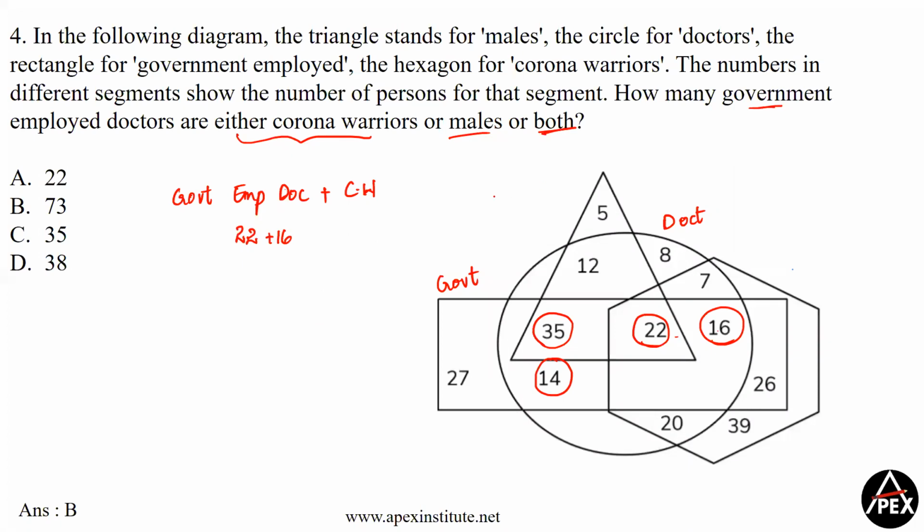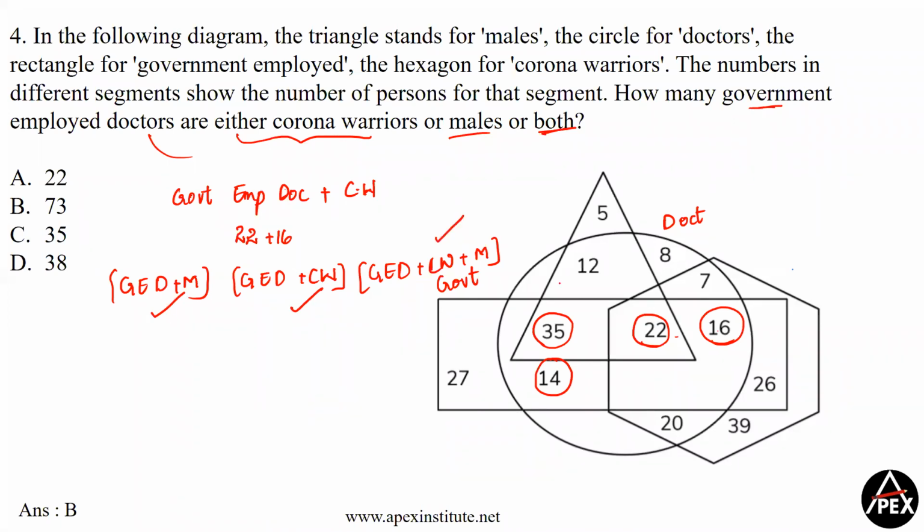Now, how many government employed doctors are males? We have three conditions here. Government employed doctors who are males will be one region. Government employed doctors who are corona warriors will be one region. And government employed doctors who are corona warriors and males will be one region. So you need to consider government employed doctors who are corona warriors, who are males, and who are both.